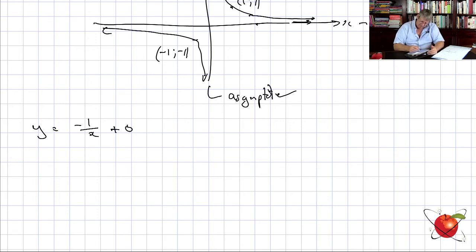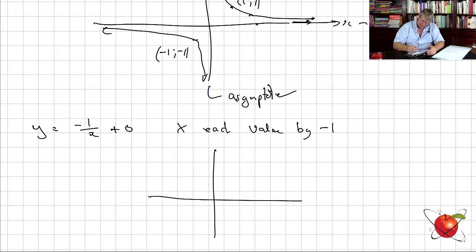We are multiplying each value by minus 1, which means we are doing this to the graph. So now it has gone into Q2 and Q4. We've changed it. We've turned it around.